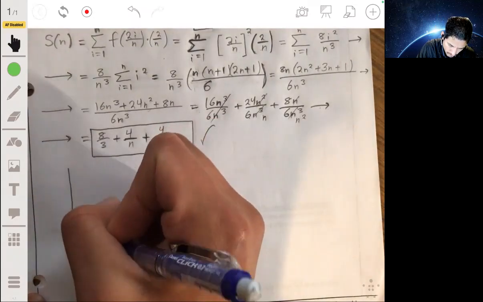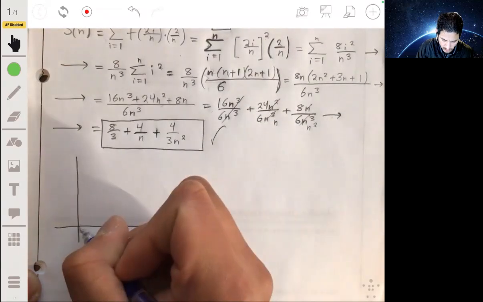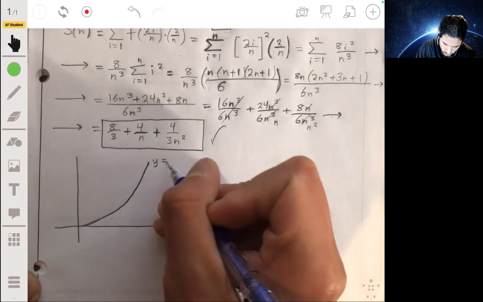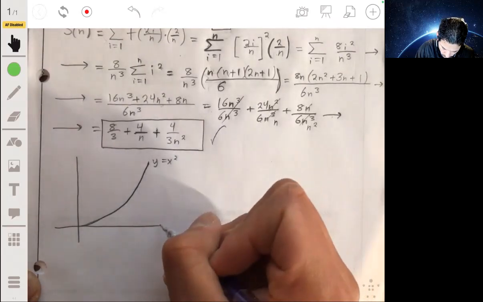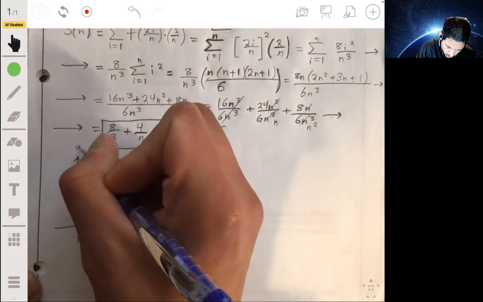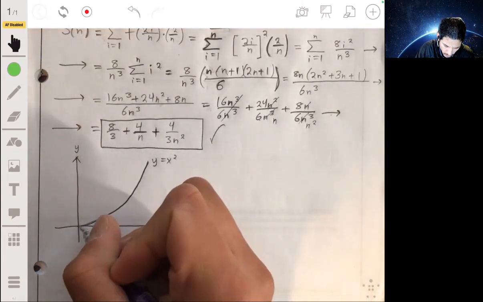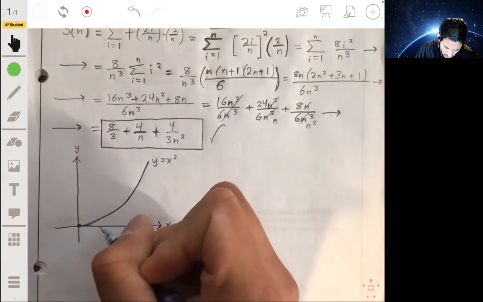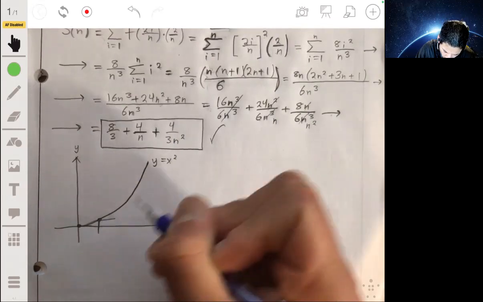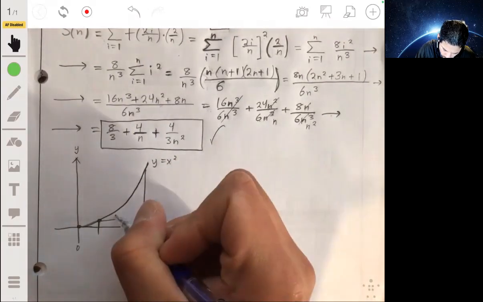So draw another sketch down here so we can get a clear idea of what exactly we're talking about here. Same sort of thing, except we're using left endpoints. So it would be something like this. Let's say we're going from, again, 0 to 2.